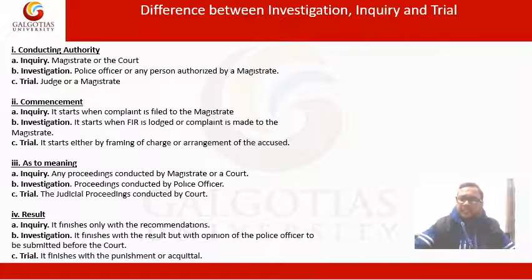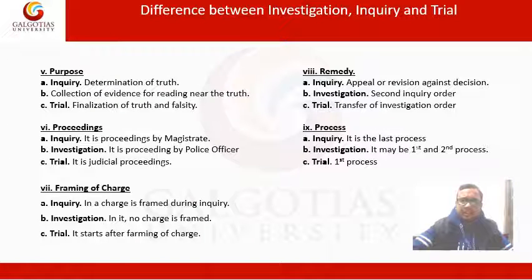The further differences between investigation, inquiry and trial can be understood from the purpose of these proceedings. The purpose of inquiry is determination of truth to proceed ahead with the case, whereas the purpose of investigation is collection of evidence to reach the near truth.